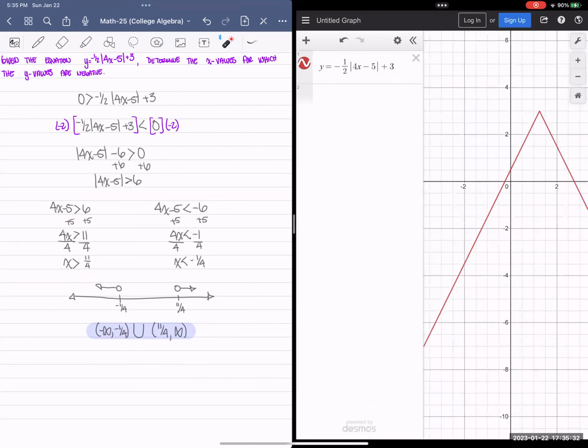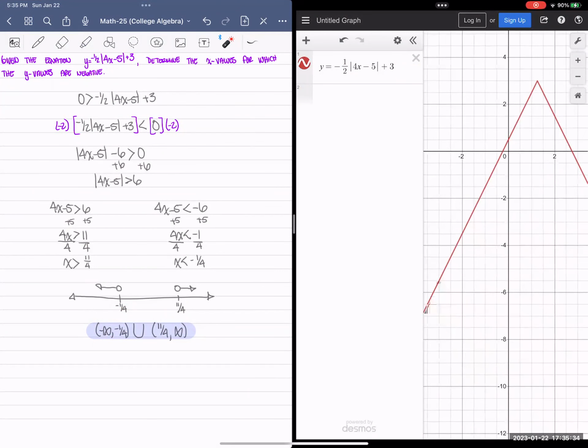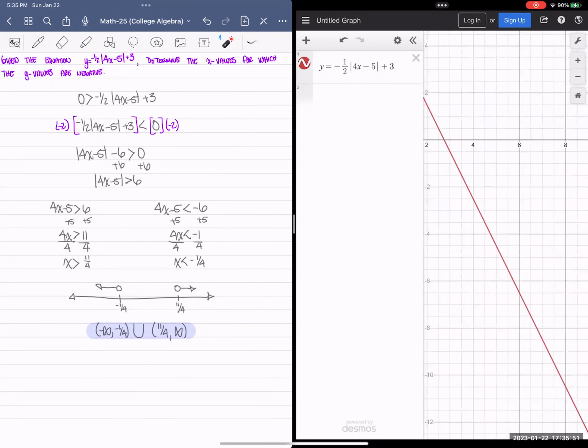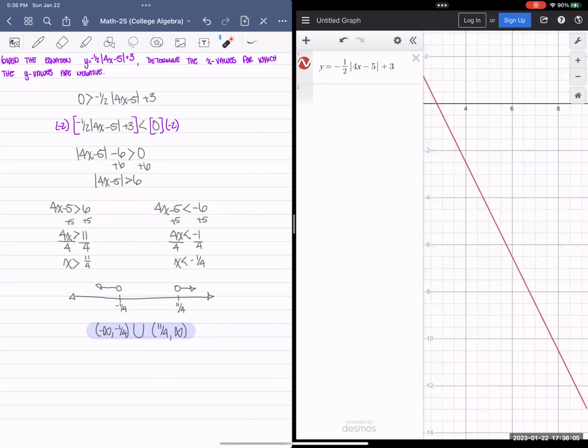We could see that clearly here. So where our values are negative, we're looking at numbers to the left of negative 1/4 or negative 0.25. And also negative y values over here are numbers bigger than 11/4. If we were to put 11/4 into a calculator, we'd get 2.75. So numbers bigger than 2.75, which are all of those right there.